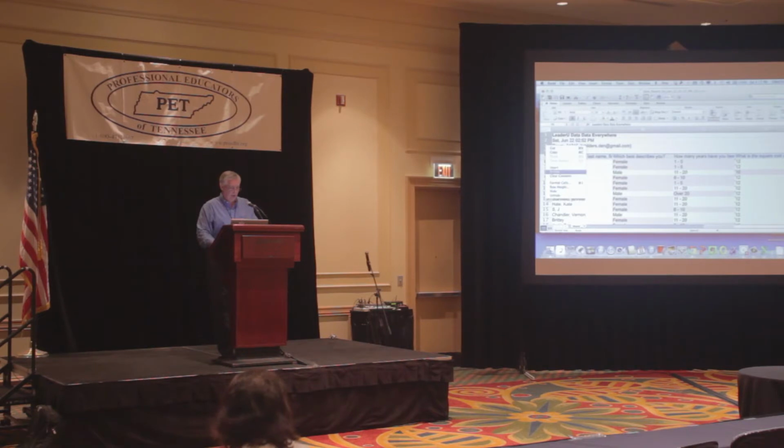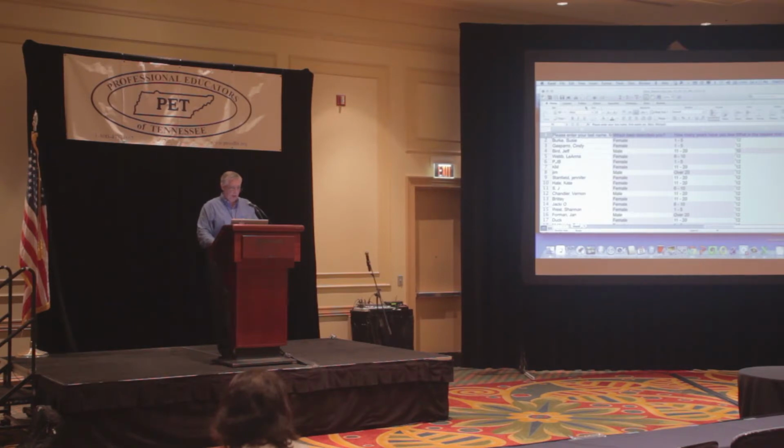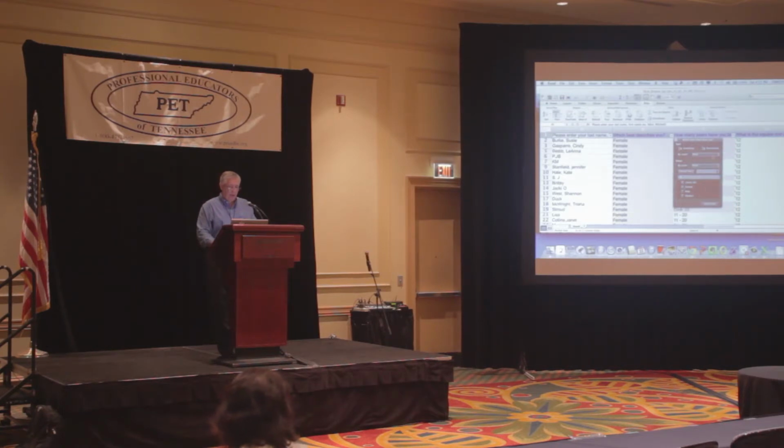So let's delete those. And I want to come right here and put in a filter. Okay, so now I can say I want to just look at the female answers in my group. How did they do?